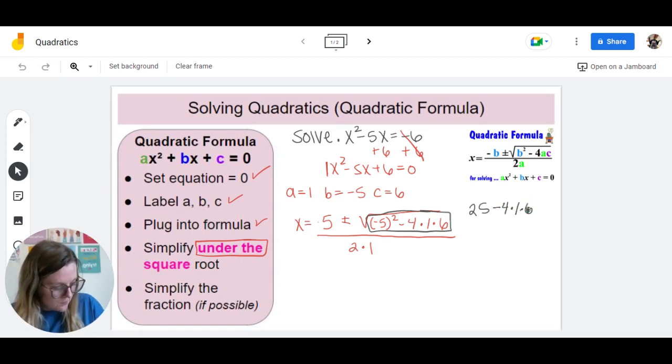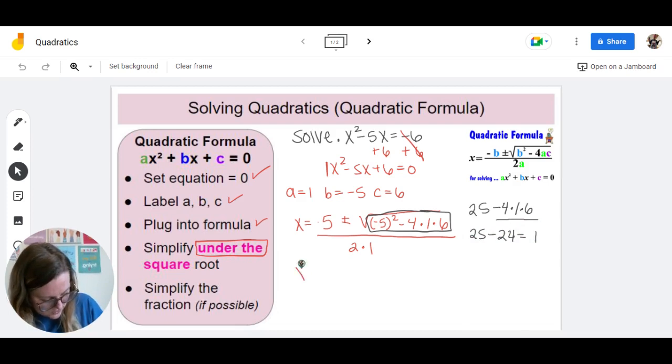Now I'm going to do my multiplication. 4 times 1 is 4, times 6 is 24. So I have 25 minus 24, which gives me a value of 1. So I'm going to replace what's under the square root with 1. Copy down everything else: 5 plus or minus the square root of 1, all divided by, again, we can clean up the bottom: 2 times 1 is 2.